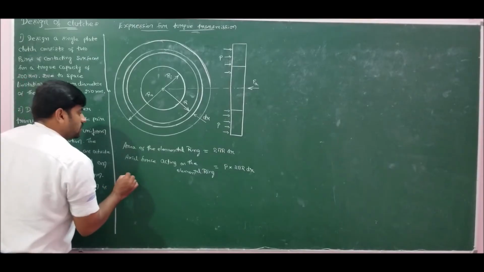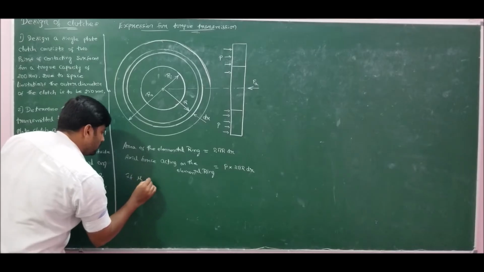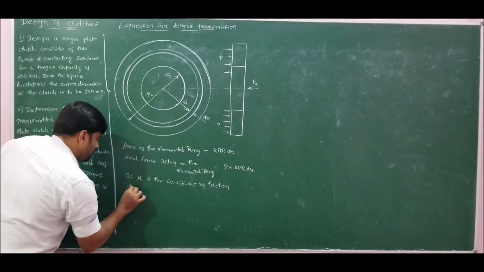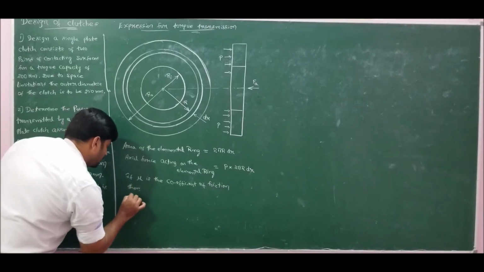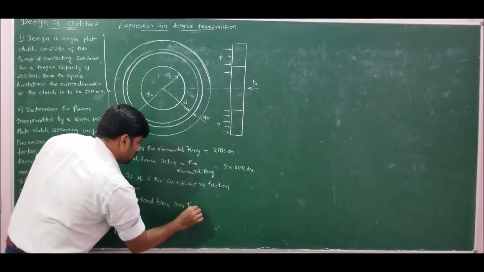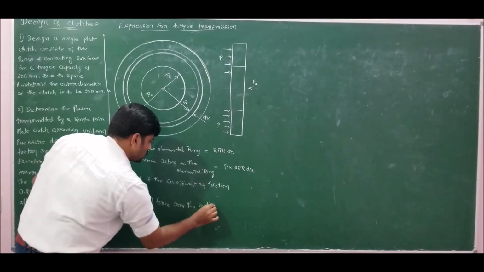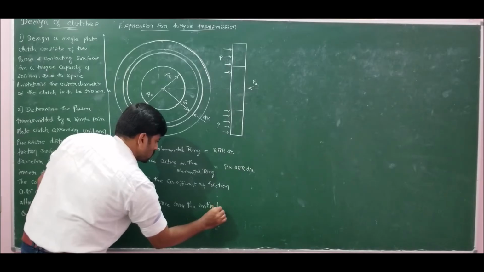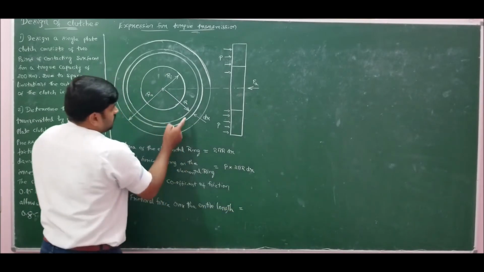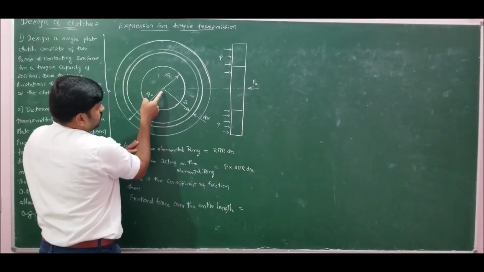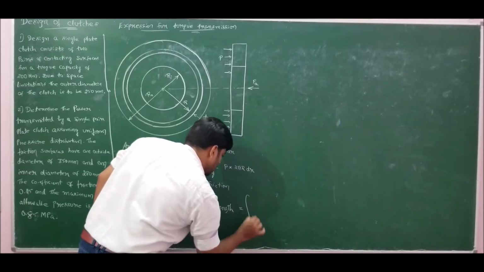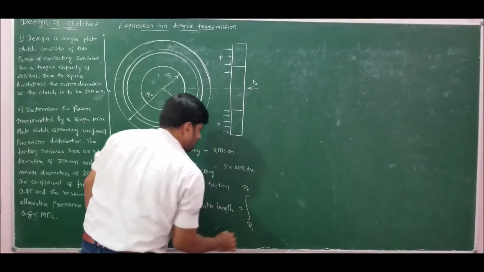Next, if mu is the coefficient of friction, then the frictional force over the entire length will be given by integrating, since the radius r varies from Ri to Ro.